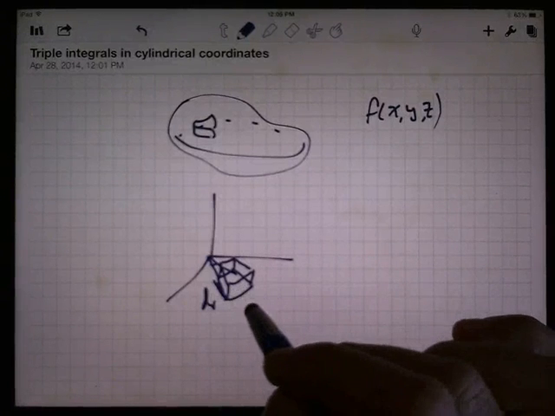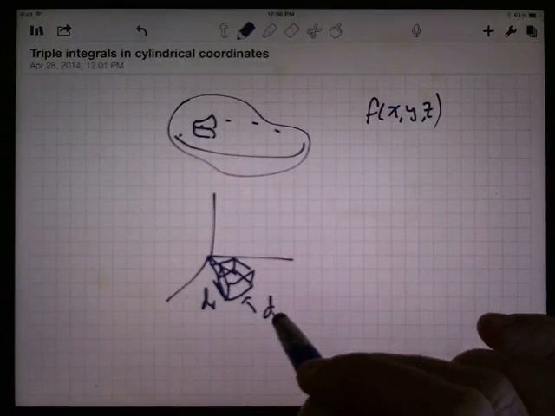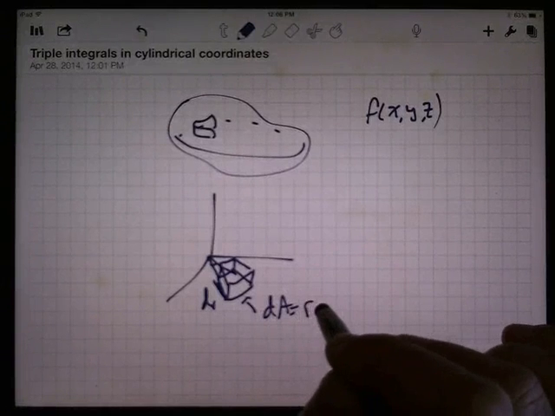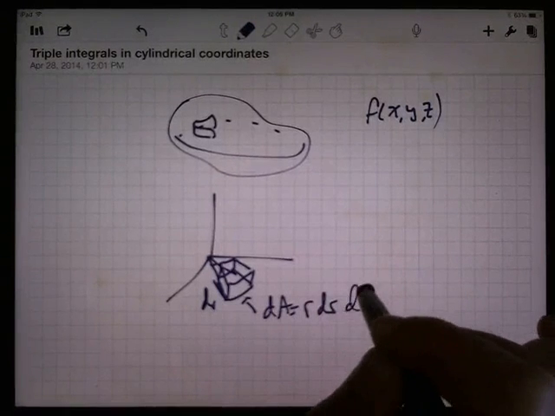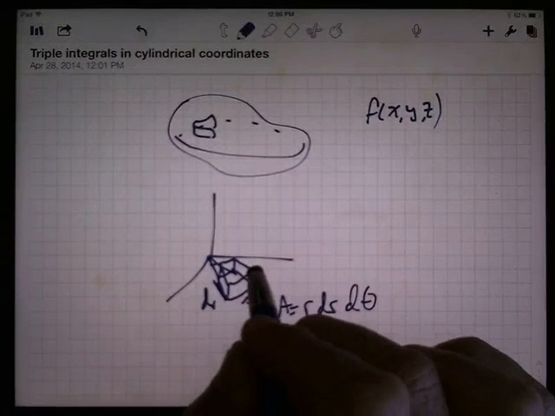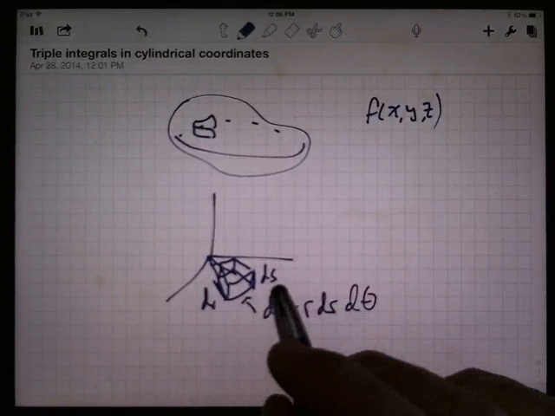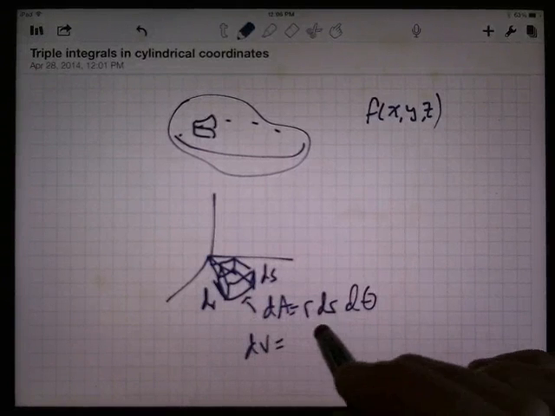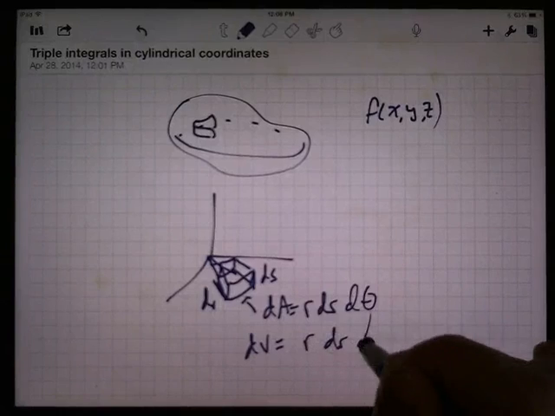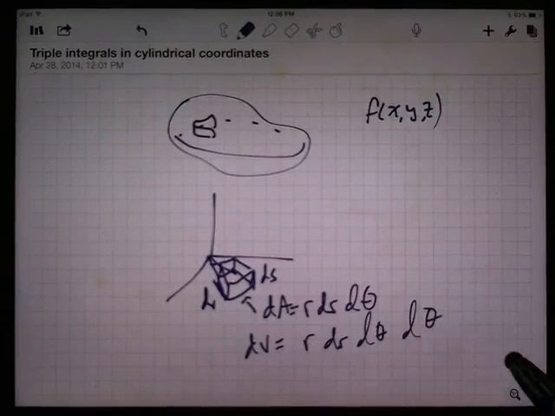So the area of the base, this little dA, is still like it was in polar coordinates. It's r dr d theta. But then you're going to multiply that area times the height here, dz. So this little bit of volume is r dr d theta dz.